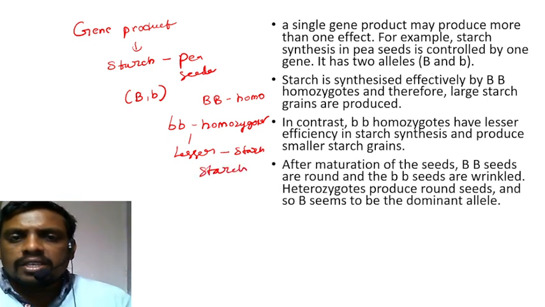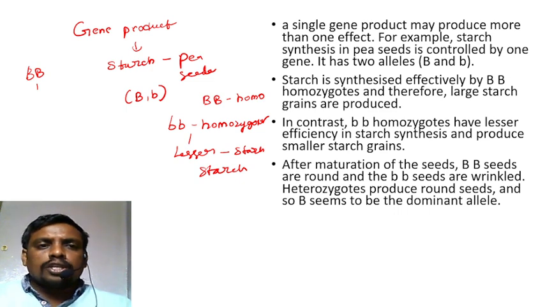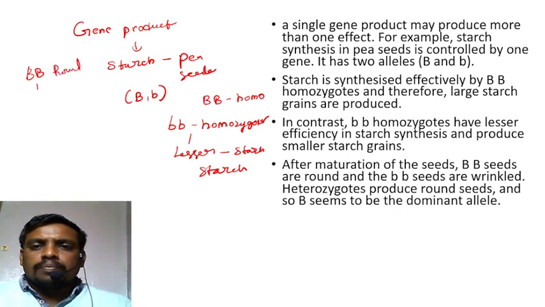Finally, after maturation of the seeds, capital B seeds are round in shape and the small b seeds are wrinkled in shape.